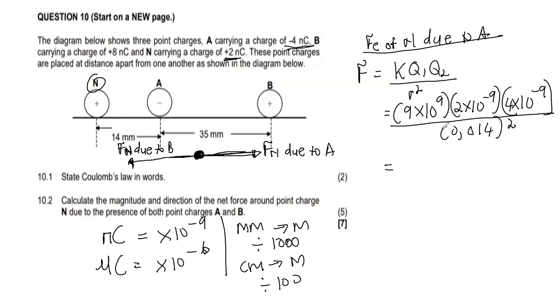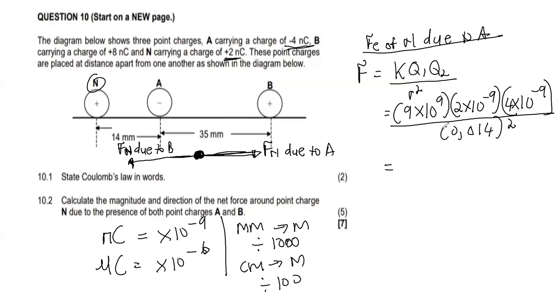Now you will have to calculate that. So punching that into your calculator, 9 times 10 to the exponent of 9, times 2 times 10 to the exponent of negative 9, then times 4 times 10 to the exponent of negative 9 as well.